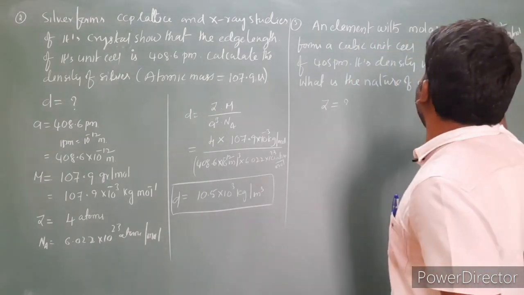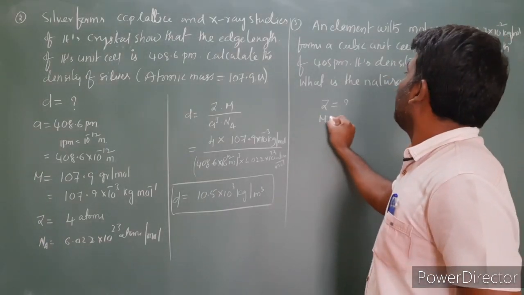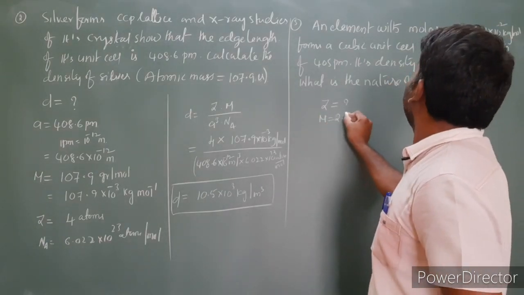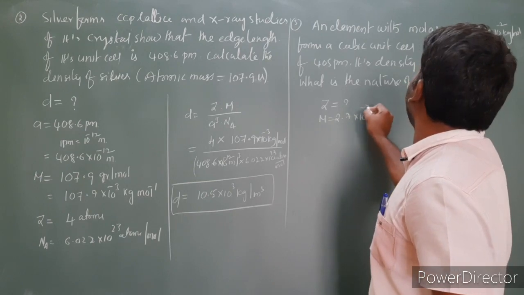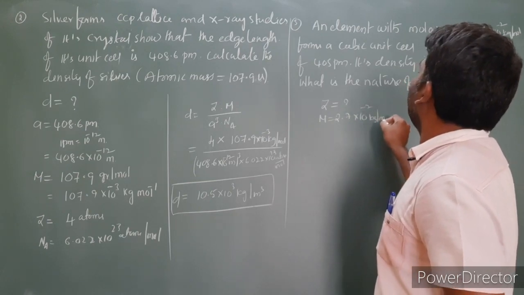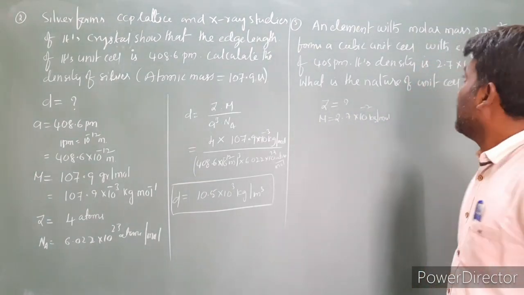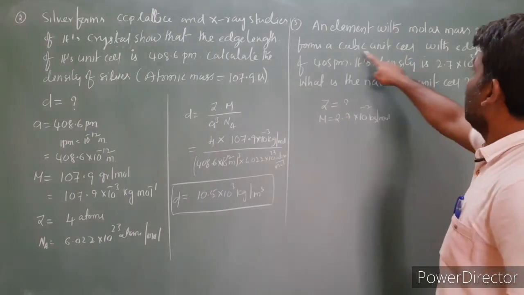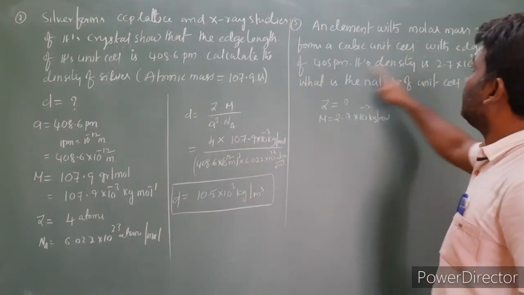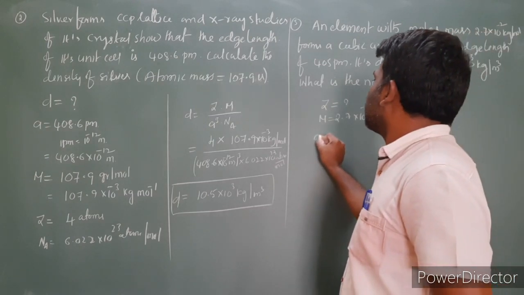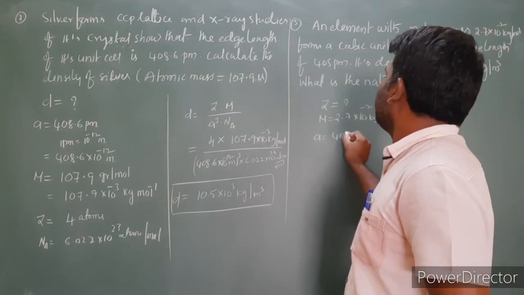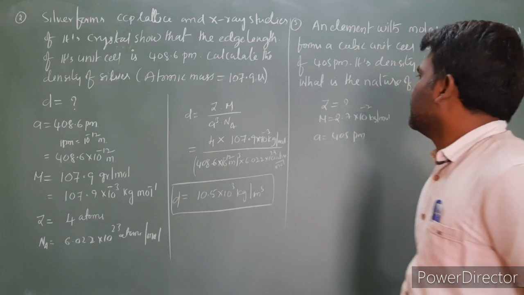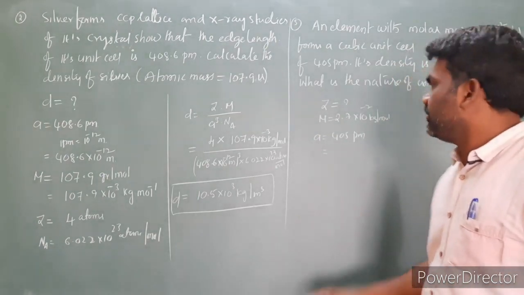Next, what is the data given? Molar mass is given. So M is equal to 2.7 into 10 to the power of minus 2 kg per mole. Next, forms cubic unit cell with edge length of 405 picometers. Edge length A is given. A is equal to 405 picometers, so we have to convert into meters.